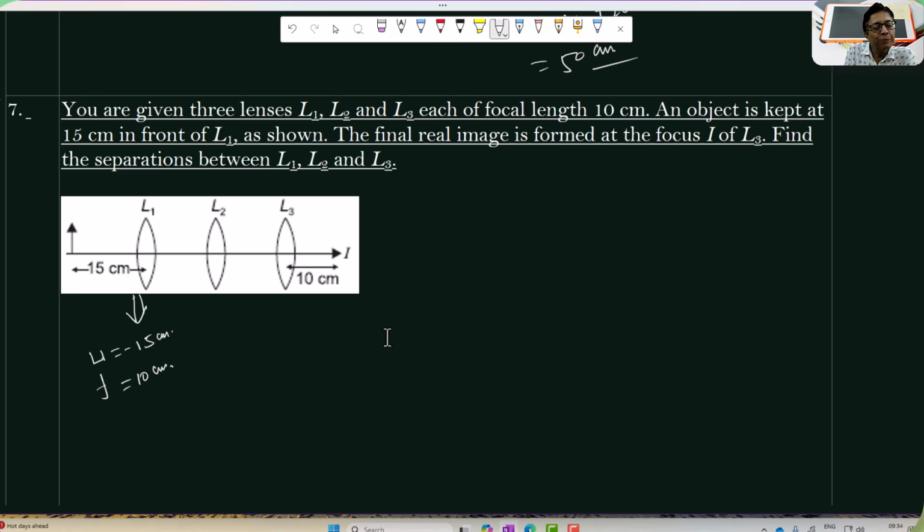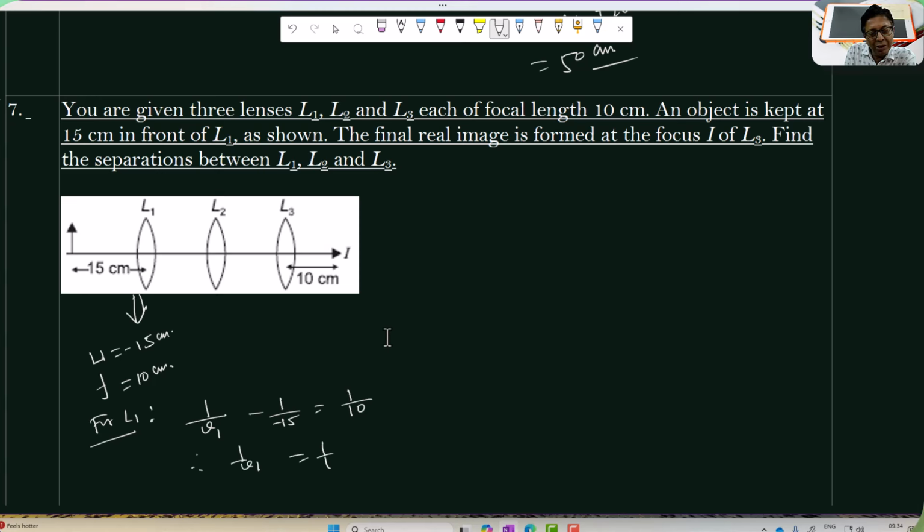So using the lens formula for L1: 1 by V minus 1 by U equal to 1 by F. You take this one, V1.